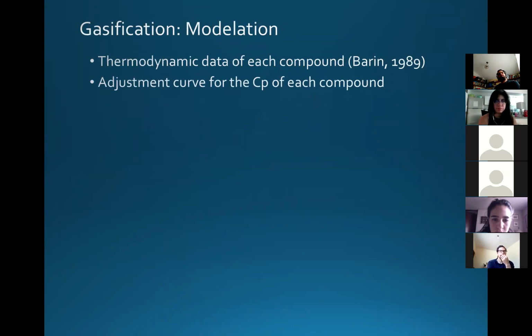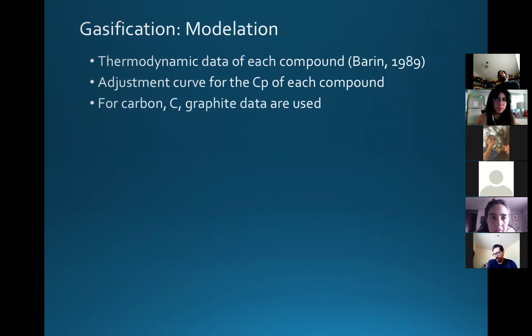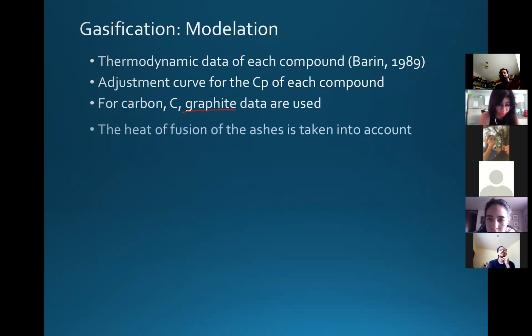They used an exponential function for each CP, for each specific heat. For carbon, the properties of graphite are used instead of diamond, of course, because we burn diamonds all the time. So it's of course a good proposition to use the graphite instead of other things.